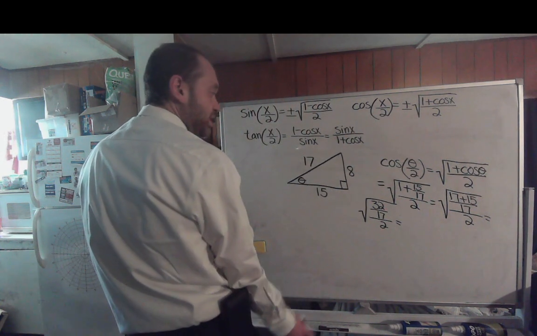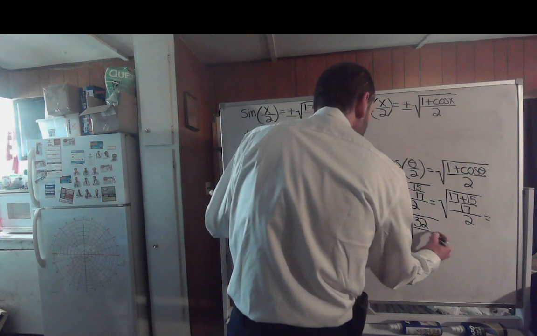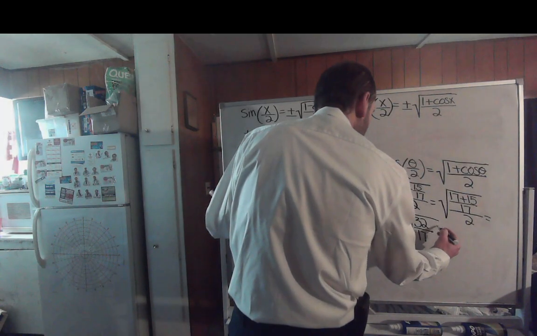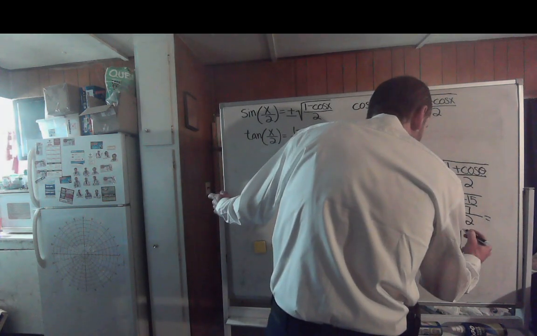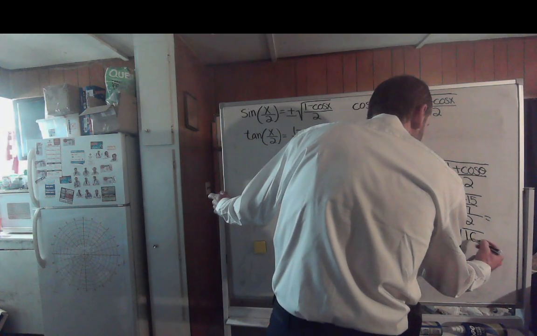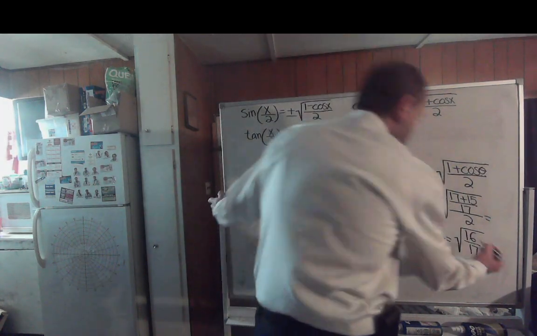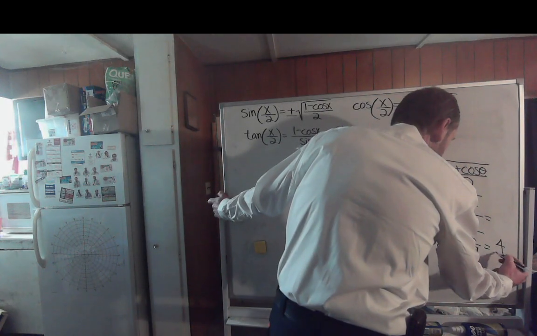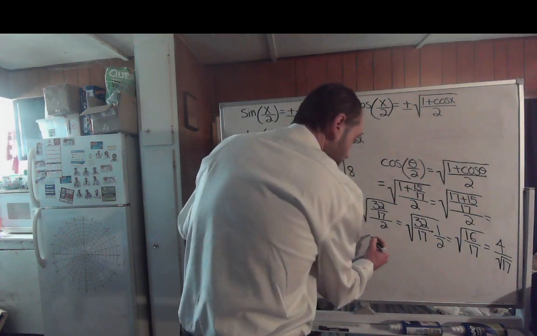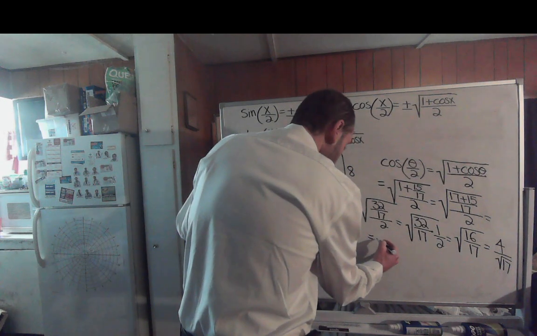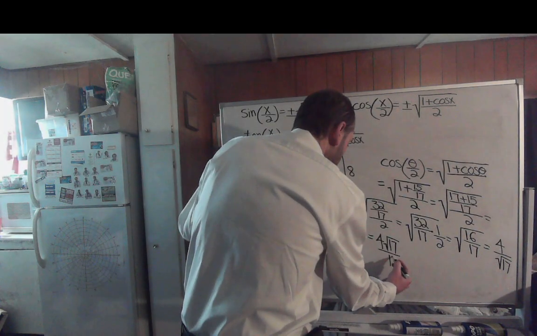Now we just have a complex fraction in the radical. So this would turn into the square root of 32 over 17 times 1/2, which would give you the square root of 16 over 17, which would simplify into 4 over the square root of 17, which can be rewritten as 4 times the square root of 17 divided by 17.